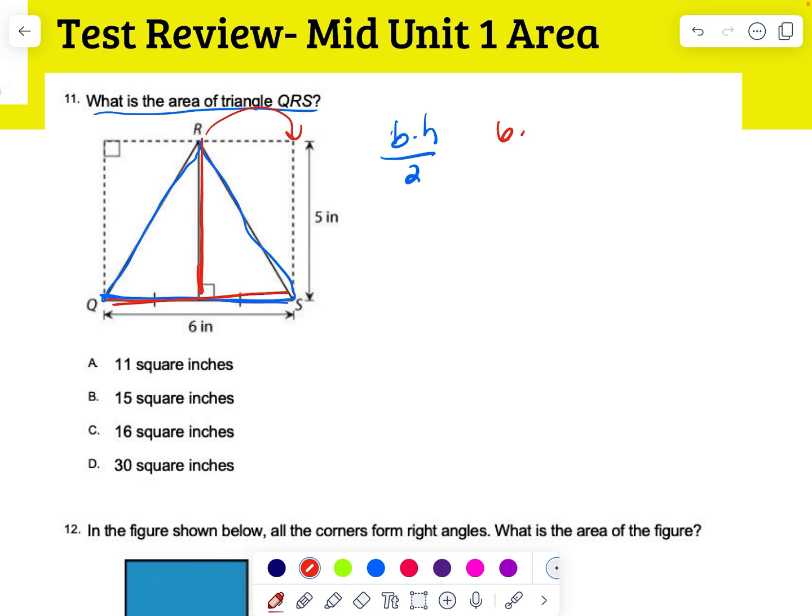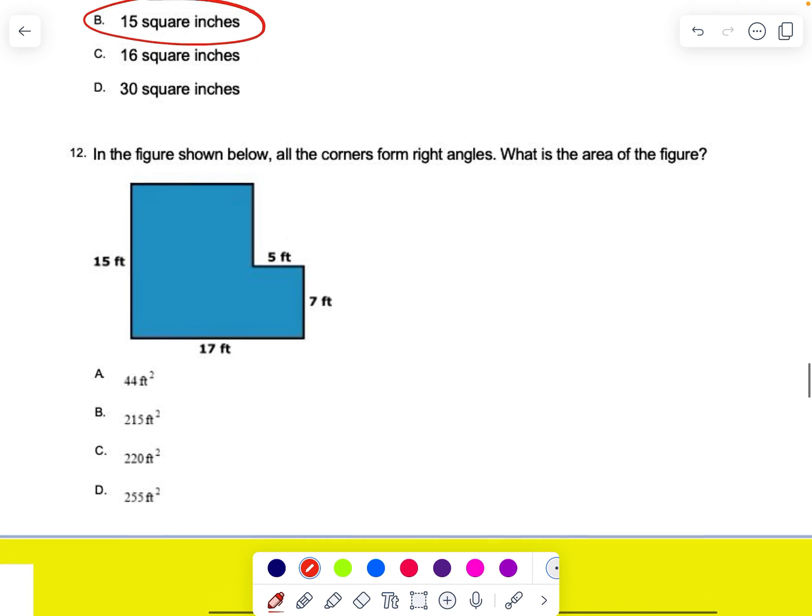But look, I have a measurement right here, and it's the same. So base times height is 5. So this is 5 divided by 2. So 6 times 5 is 30 divided by 2, and that is 15. Okay, so it's going to be 15 square inches is our answer.